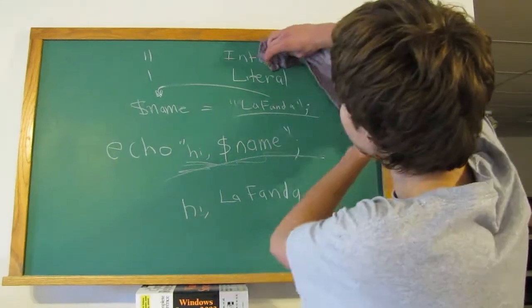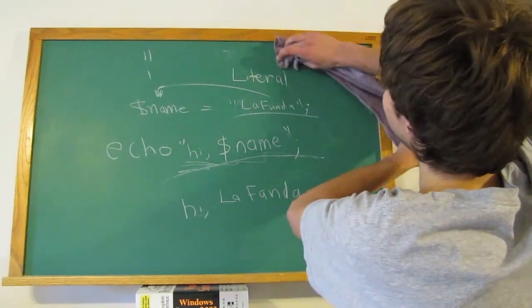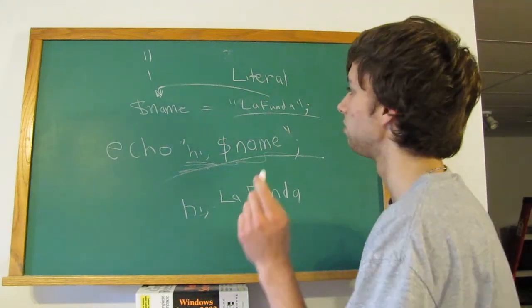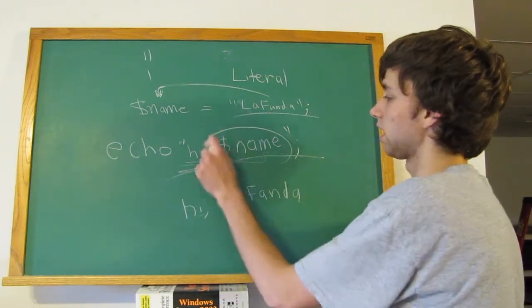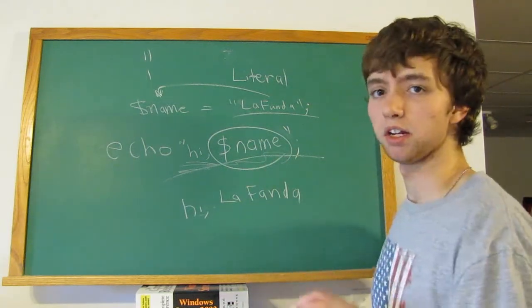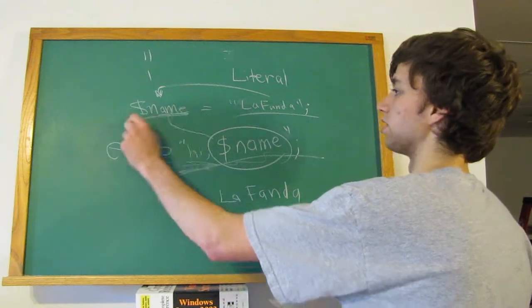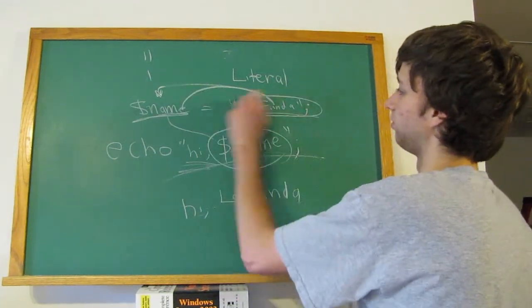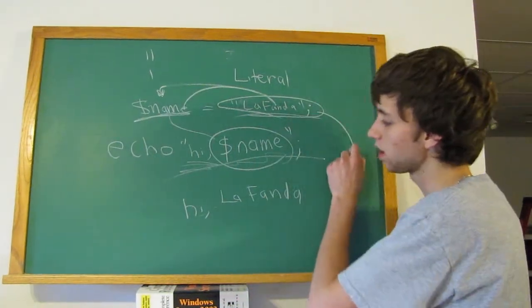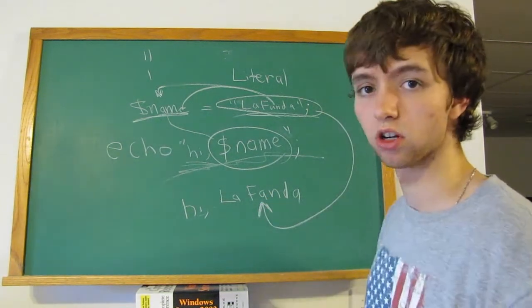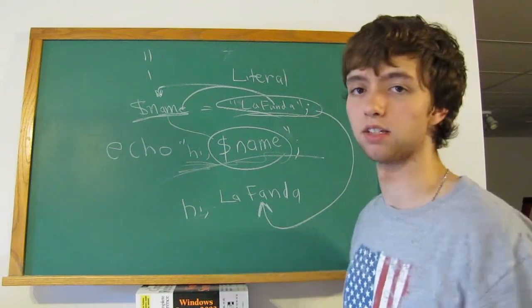I should probably learn these things before, but yeah. Oh well, it's fine. Because it's interpreted, it's going to take this name and interpret that we want the value of this variable, which is LaFonda, and then it's going to display LaFonda on the page. Well, that is the complexity of it.